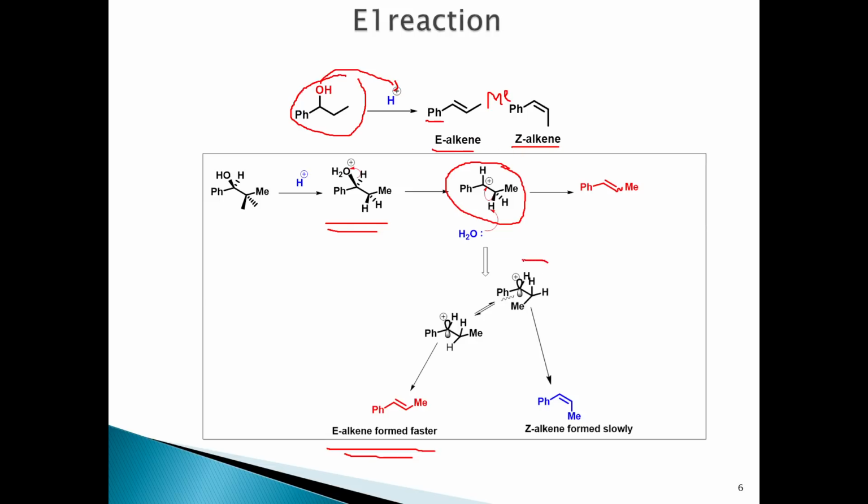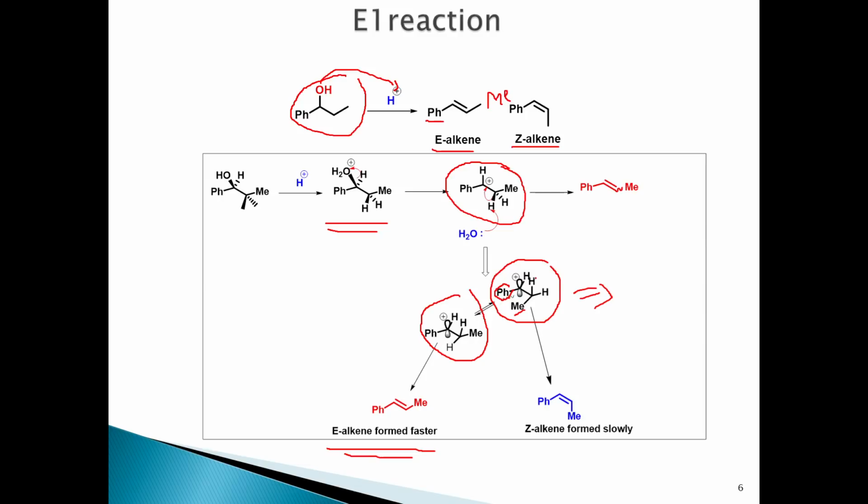Now if you see the intermediate, this is for the Z alkene and this is for the E alkene intermediate. In this case there is steric repulsion between the phenyl and the methyl, because of which the intermediate is unstable and of higher energy.